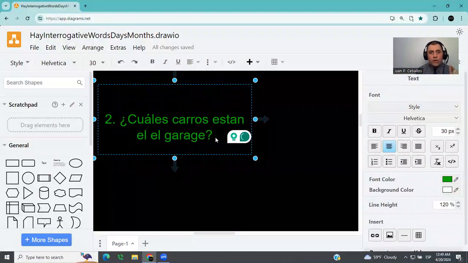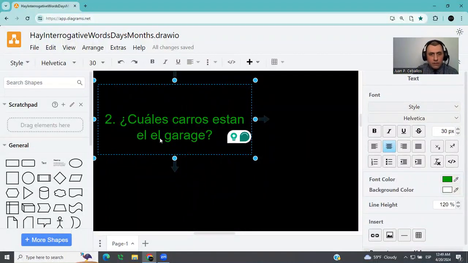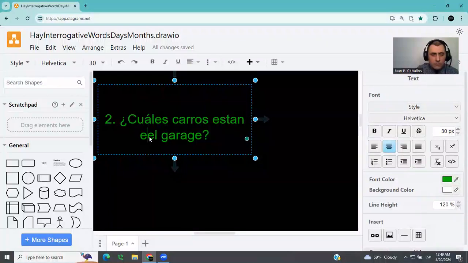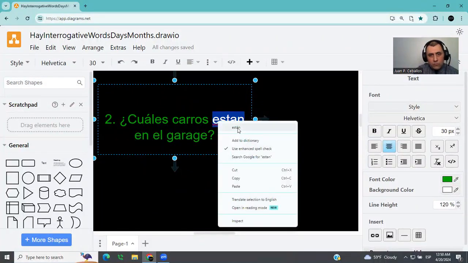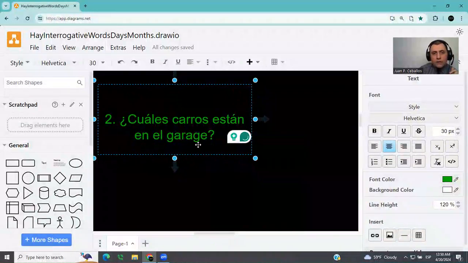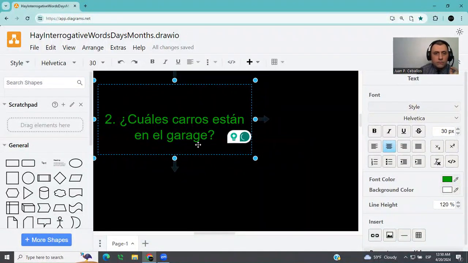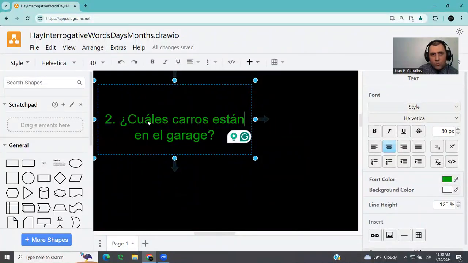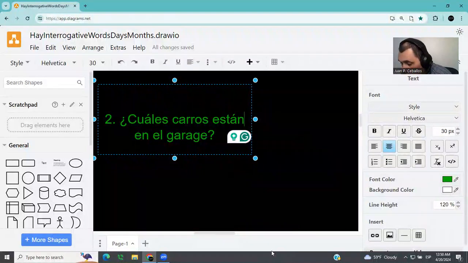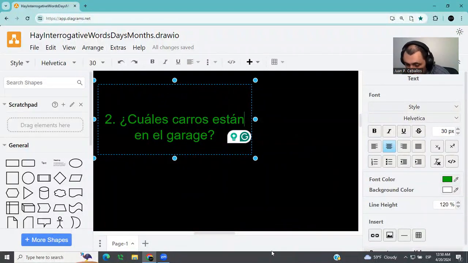This is which cars are in the garage. Okay. Now you notice that carros is third person plural. That's why this needs to be plural.